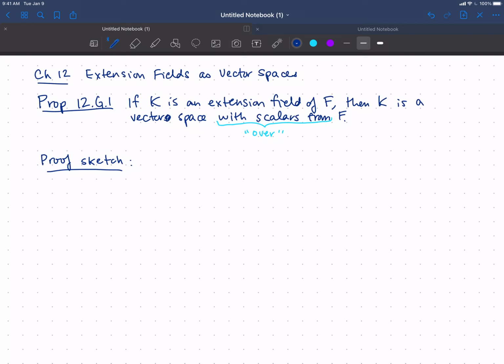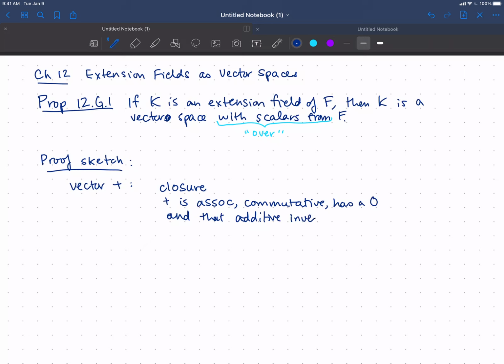So we need to show that for vector addition, we have closure: if I add two things in K, they stay in K. I need to show that addition is associative, commutative, has an additive identity or a zero, that there's a zero vector in this set, and that additive inverses exist for things in K. It turns out all of that we already know, because those are just versions of our axioms A1 through A5 for fields.